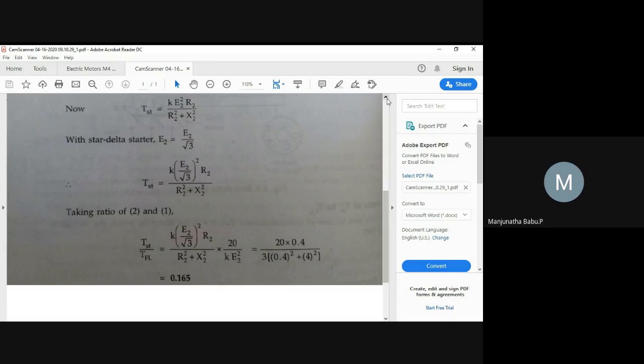Are you getting it? Do you have any doubts with respect to this numerical? Any doubts? Is my audio visible? Is the audio visible?